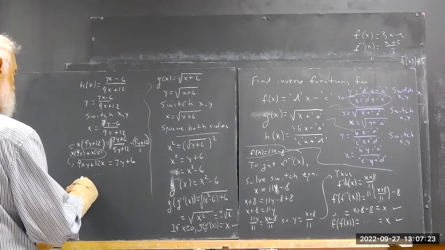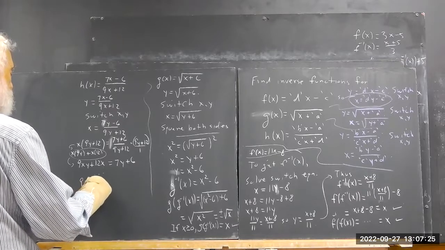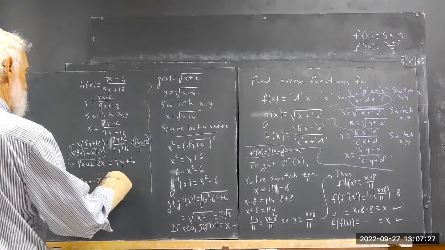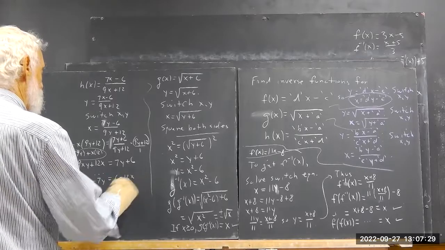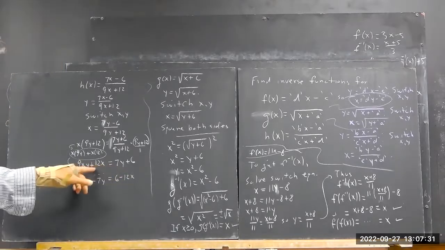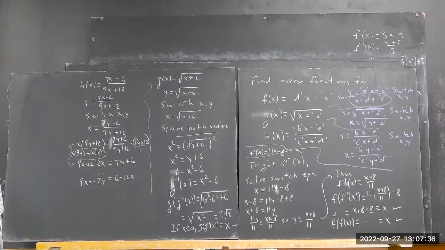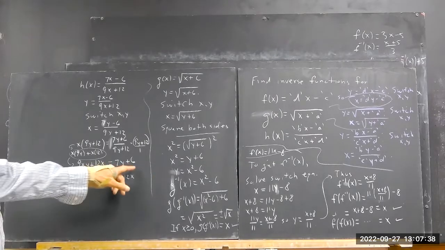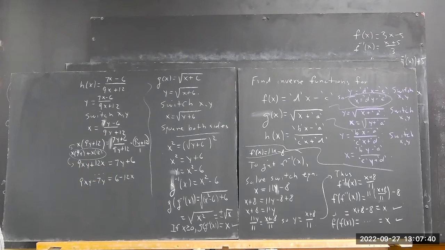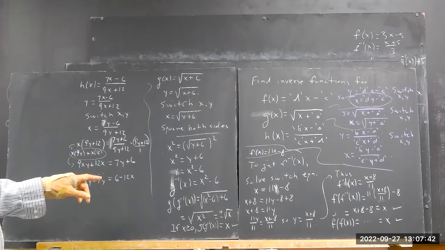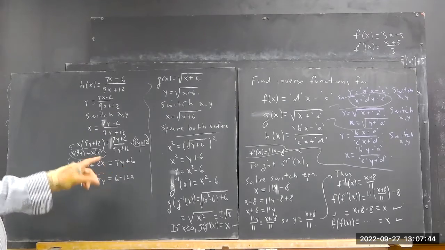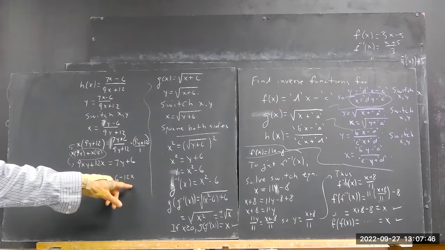we'll put 3 dots down here. If I subtract 7y from both sides, I get a negative 7y over here, and this one goes away. And if I subtract 6 from both sides, subtract 12x from both sides, the 12x goes away here and ends up here.